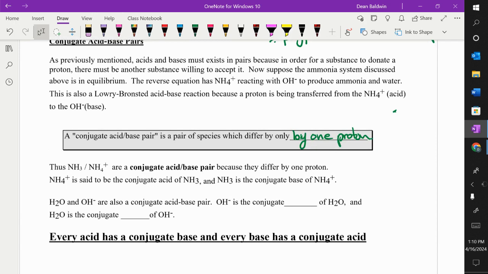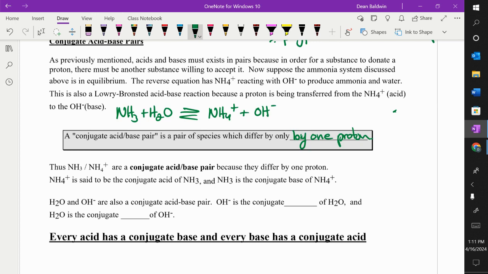So if we think about the ammonia one above, I'm just going to write it out. NH3 plus water. The water will dump the proton. We get ammonium.